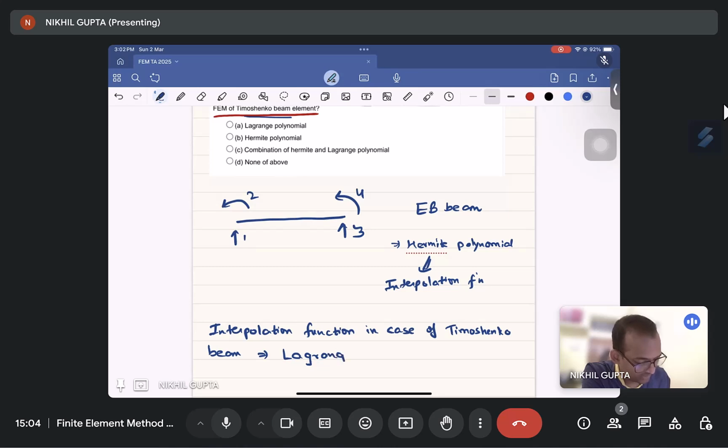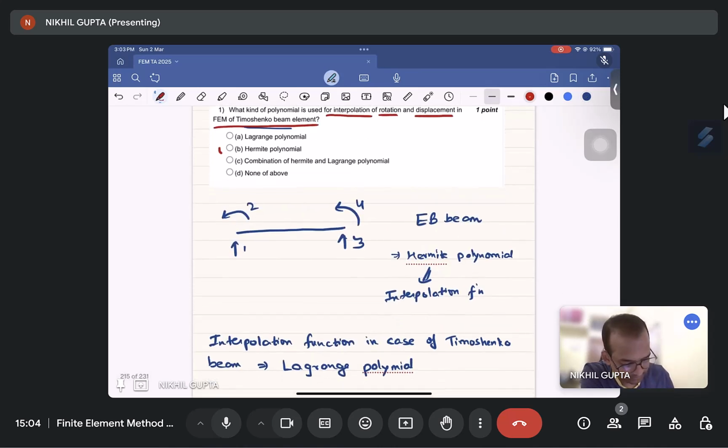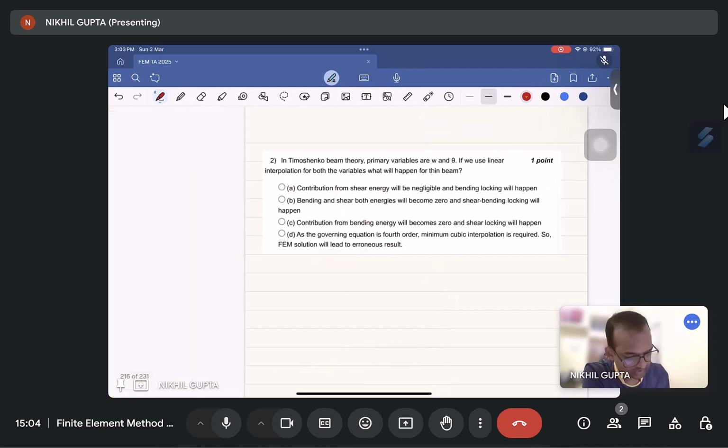This is all covered in the class. So the answer for this question is B. Oh, sorry. The answer for this question is A, which is Lagrangian.